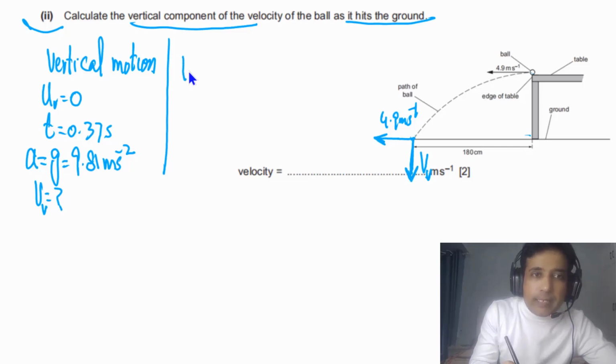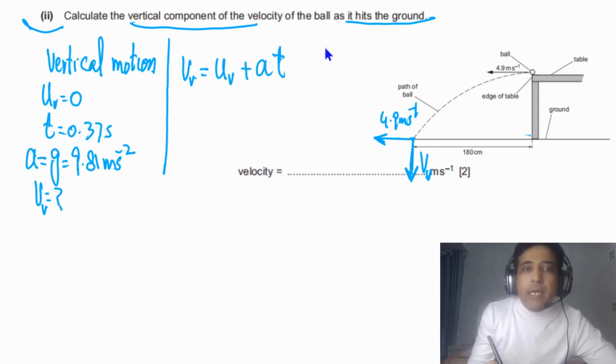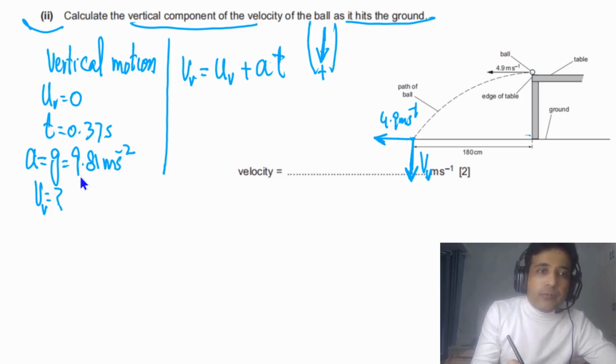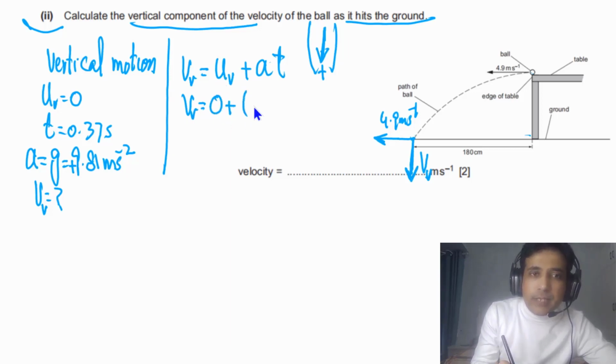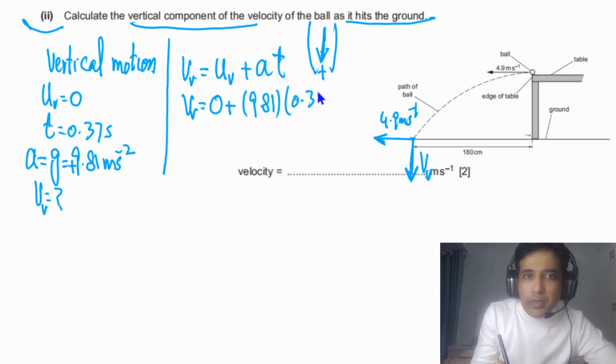So simply we can say v_v in this case will be equal to u_v plus at, and in this case we will take downwards as positive. So we will take downwards as positive. If you take down as positive, it means acceleration is positive. Now simply you need to plug in values. In this case u_v is equal to 0 plus we have 9.81 times we have 0.37.